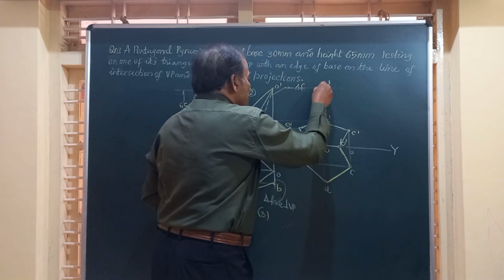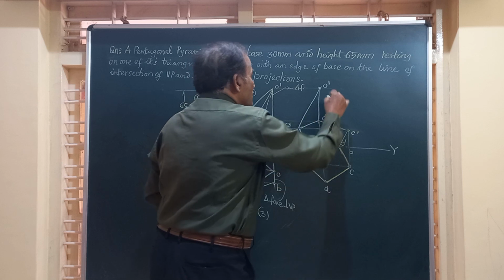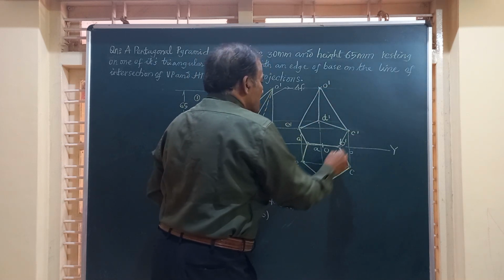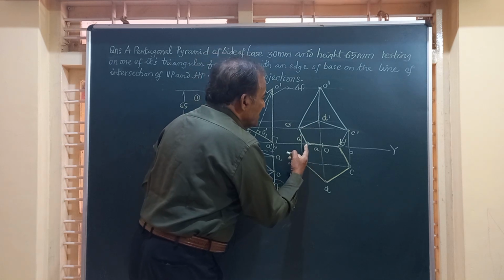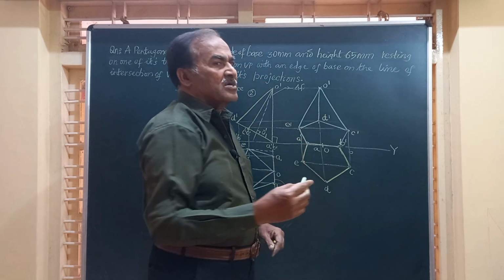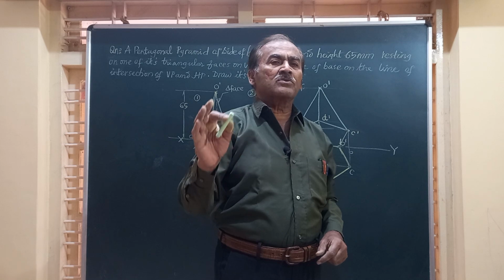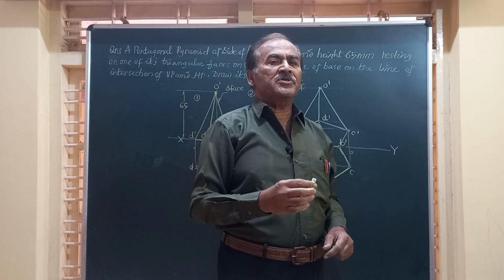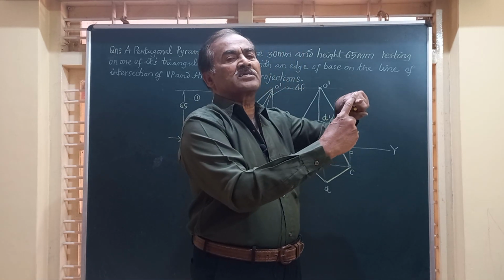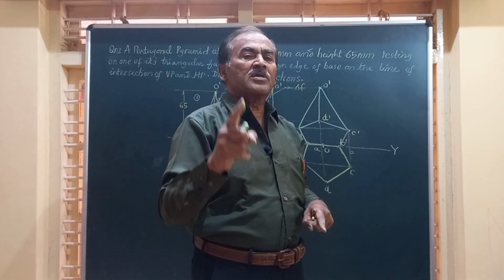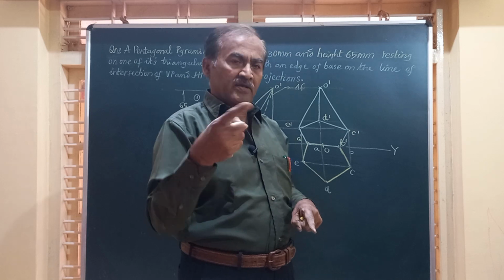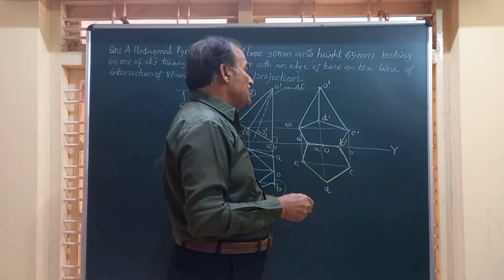Join O to E, that is O dash to E dash, O dash to C dash. Then when you are joining O dash to A dash, it is intersecting this line. And I have told you in one of my previous videos that whenever two lines intersect, and if one of the lines is known to be a visible line, a dark line, or a full line, the other has to be dotted.